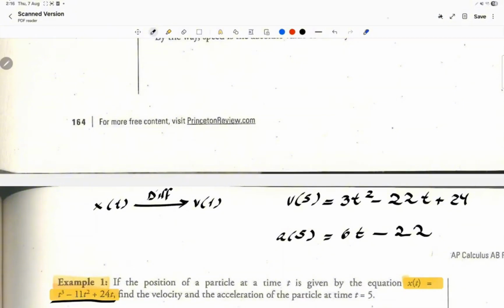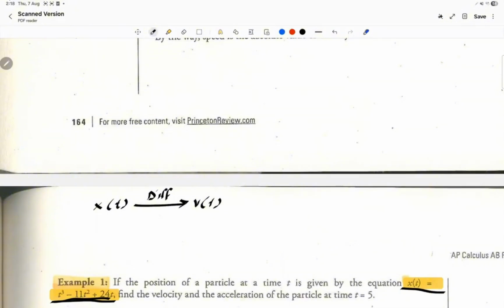Let me recap how to differentiate, but please listen this time. To go from x of t to v of t, to go from position to velocity, you must differentiate. What is the derivative of t cubed?